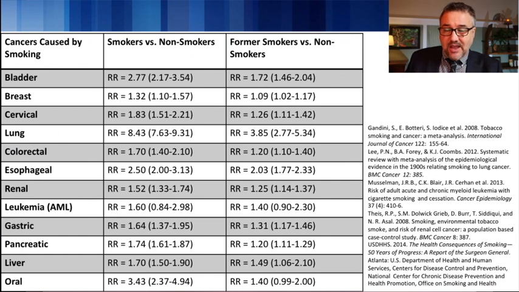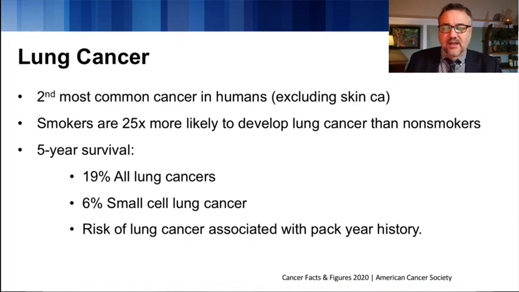Leukemia, gastric, pancreatic. And for each of these, when you quit smoking, you're just about cutting those risks in half within the first couple of years. So lots of different cancers are associated with smoking, and there is a very consistent pattern of decreasing that risk after quitting.